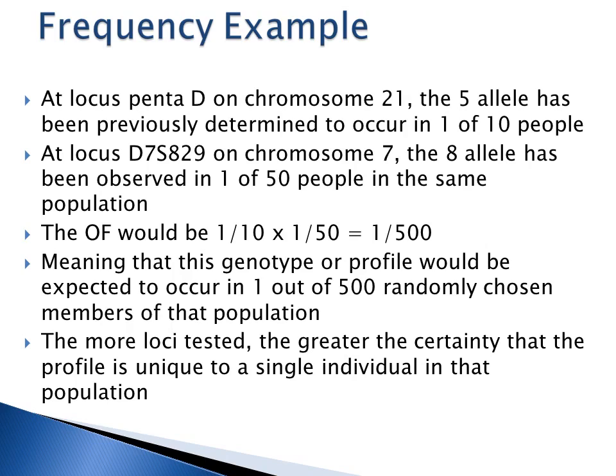This means that this genotype or profile would be expected to occur in 1 out of 500 randomly chosen members of that population. So the more loci that you test, the greater the certainty that the profile is unique to a single individual in that population.